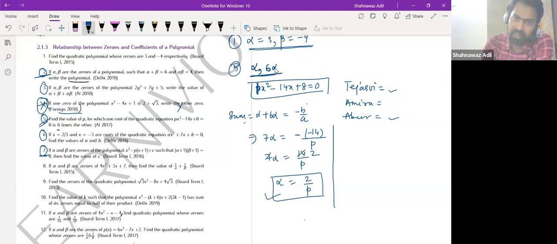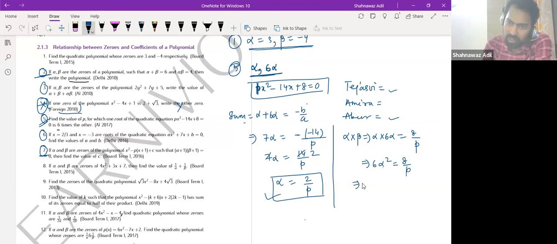Now from the other relation, alpha into beta, the product of the roots. So this is alpha and 6 alpha, and that is c by a, right? 8 by p. So then this is 6 alpha square, equal to 8 by p. And alpha value we already have, that is 2 by p, right?